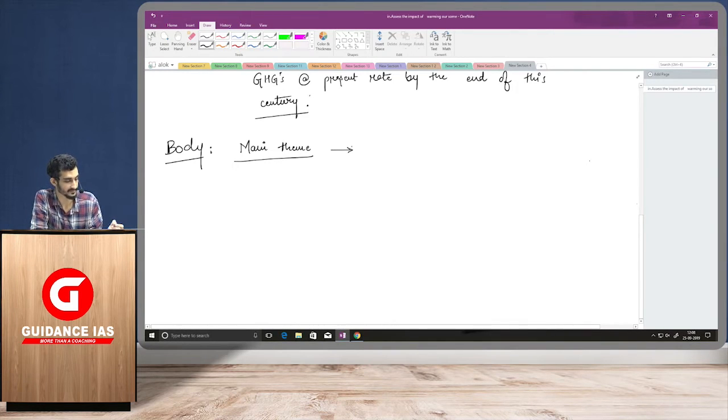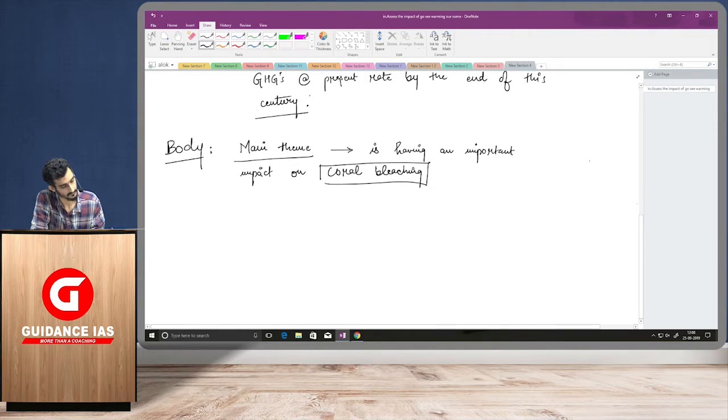The main theme is having an important impact on coral bleaching. So global warming has a very direct impact on the coral life system in the form of coral bleaching, and this can be attributed to different reasons.